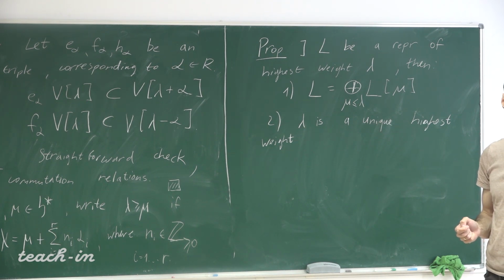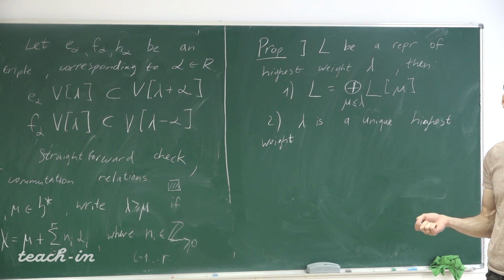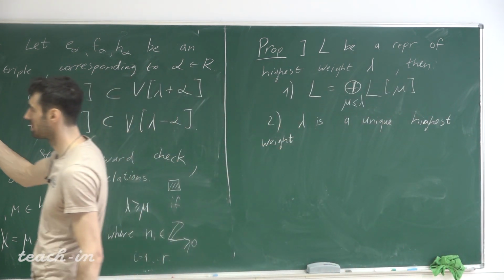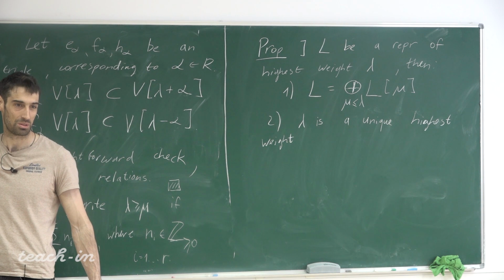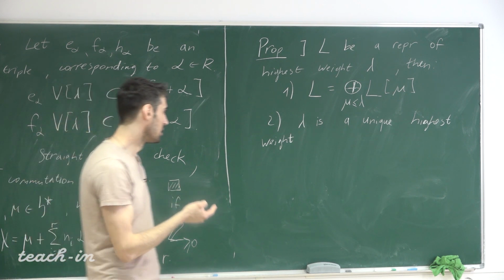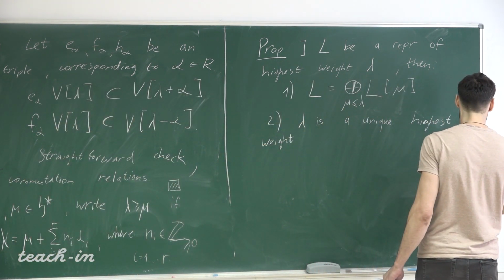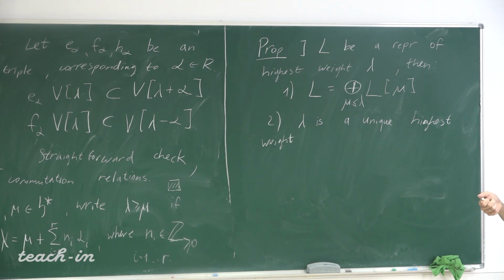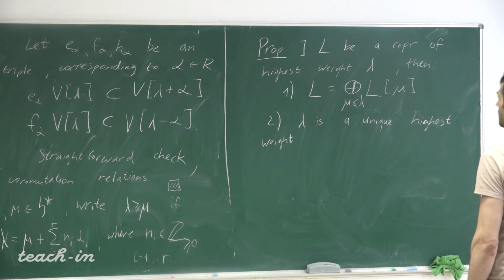So I said what is a representation of highest weight lambda, right? But if I have a representation of highest weight lambda, then this lambda is called the highest weight of this representation V. Okay. So in number 2, I claim that if I have some other mu such that I have a singular vector of weight mu such that V is generated from this vector, then this mu equals lambda. Okay, so that's some uniqueness.